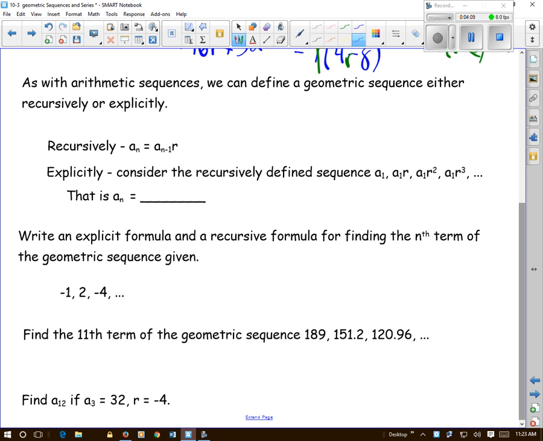As with arithmetic sequences, we could define them either recursively or explicitly. We're going to do the same thing here. Recursively, we have the formula a sub n equals a sub n minus 1 times r. So we're just multiplying by that value of r each time.